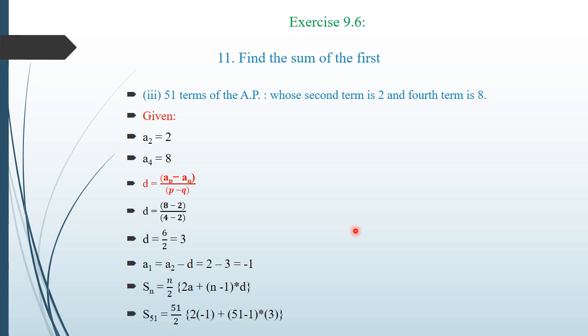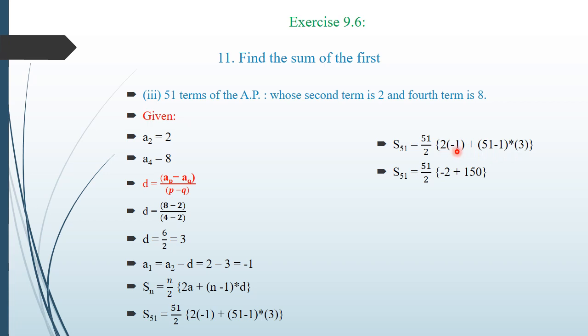S51 is equal to 51 by 2 into 2 into a. In place of a I'll put minus 1 plus 51 minus 1 into d. d is 3 here. Further simplifying, S51 is equal to 51 by 2, 2 into minus 1 plus 51 minus 1 into 3.